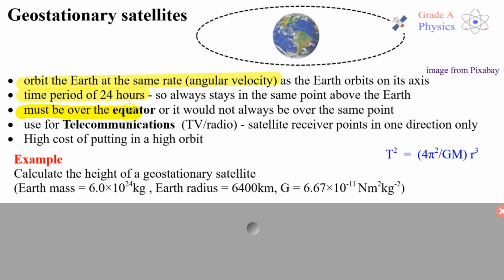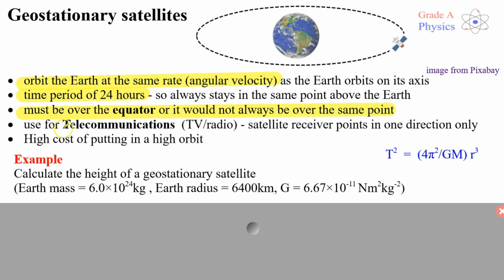Now, the only position this will work is over the equator. So if we imagine this satellite orbiting, it must be in an orbital position above the equator. If we try to get it orbiting the poles or any other position, then this would not work. Now that might be geosynchronous, and that's another type of orbit, but geostationary must be above the equator.